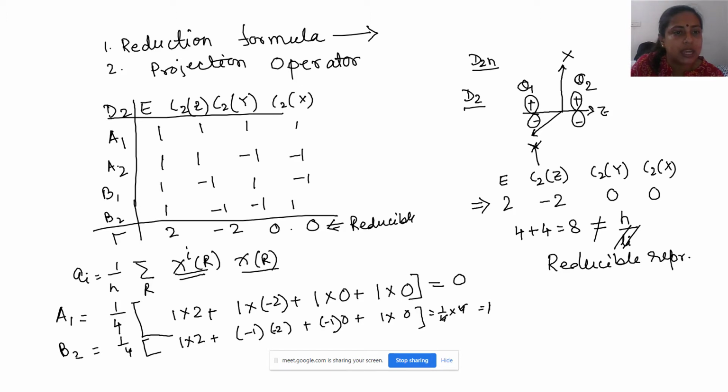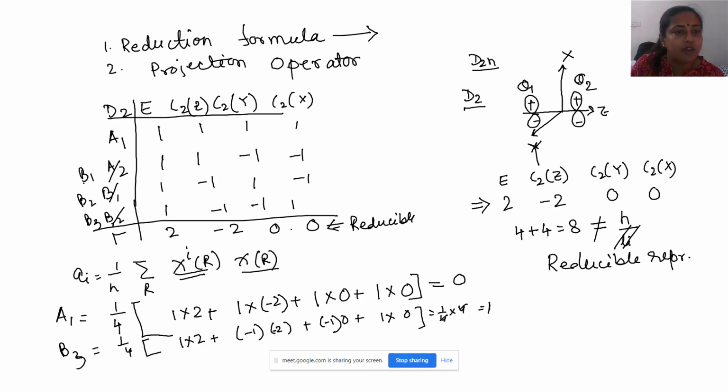So instead of writing A2, B1, B2, let me write it as B1, B2, B3. I must tell you, this Mulliken symbol is just the label. Instead of writing A1, B1, B2, B3, you can write it as tau 1, tau 2, tau 3, tau 4, doesn't matter. So here actually I have found out for the B3.